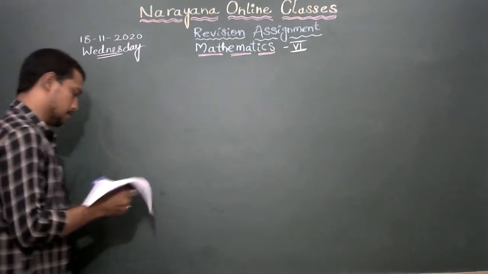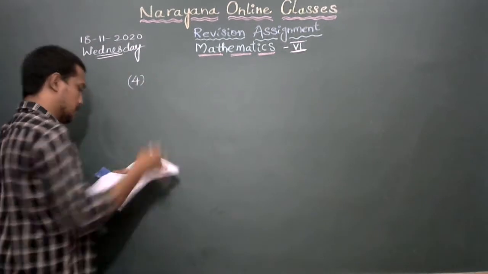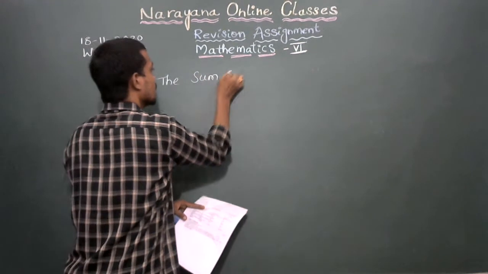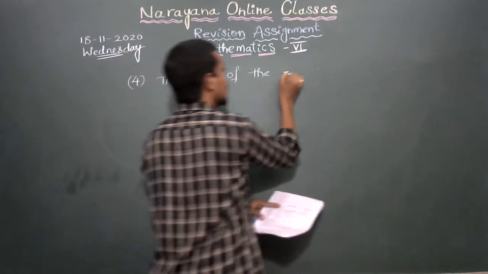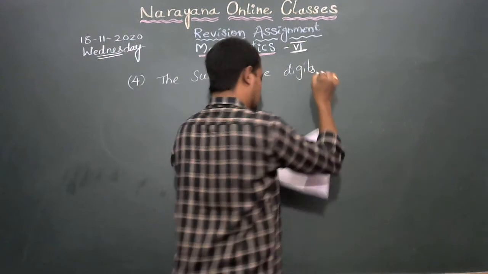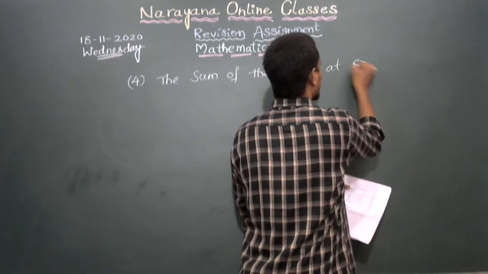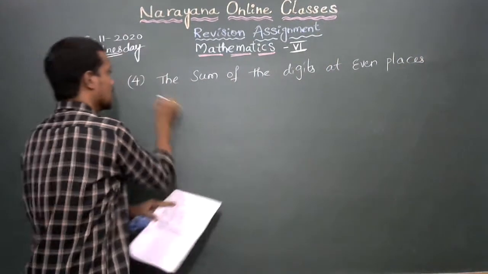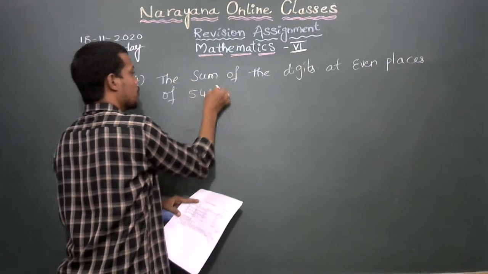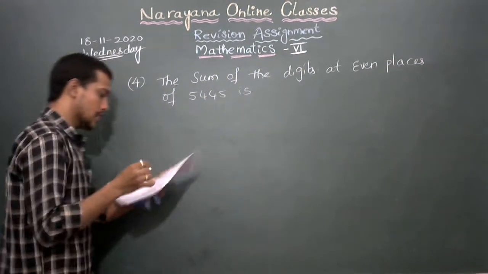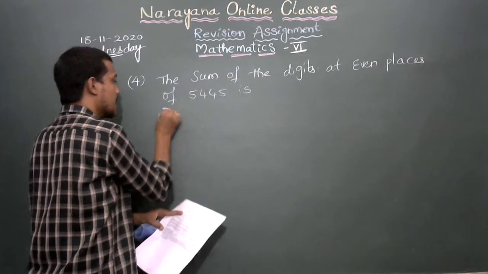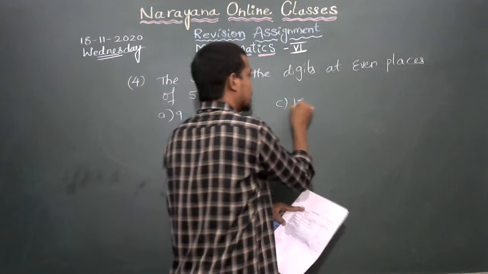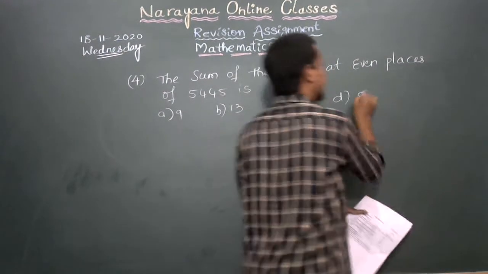Now fourth question. The sum of the digits at even places of 5445 is? Option A, 9; option B, 30; option C, 10; option D, 8.